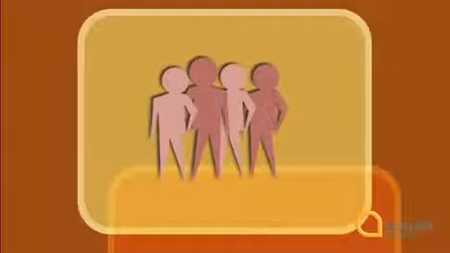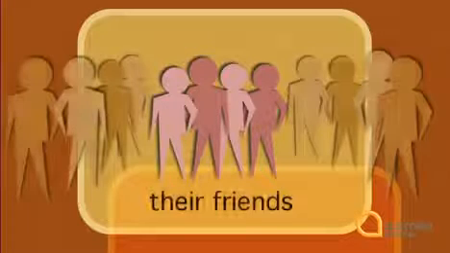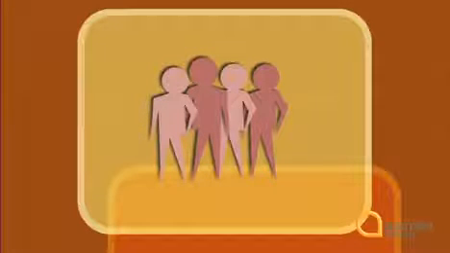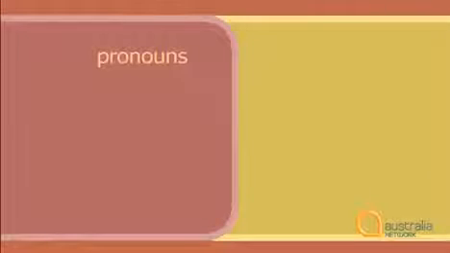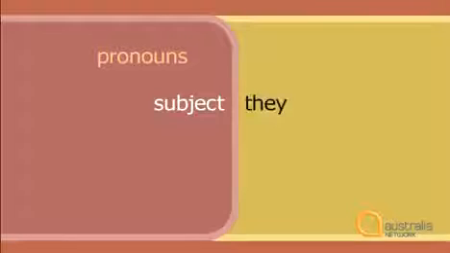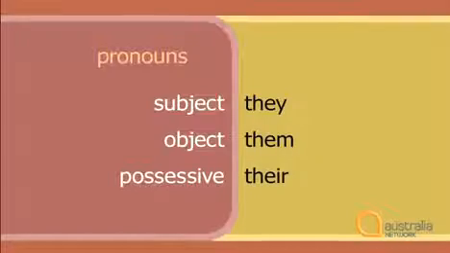The patient's homes, their homes. The patient's friends, their friends. The patient's families, their families. So there are three forms pronouns take. The subject form, like they, the object form, them, and the possessive form, their.